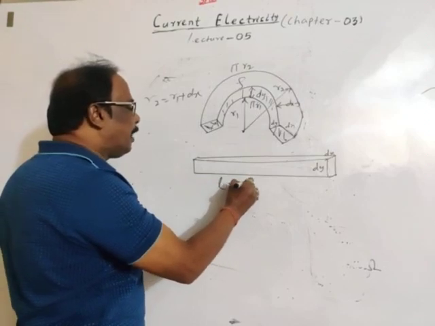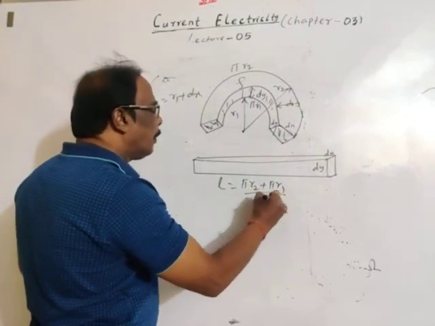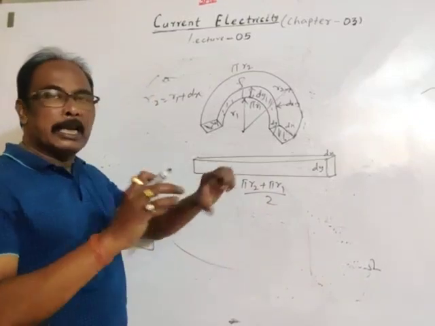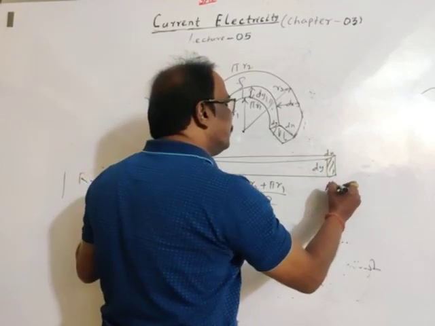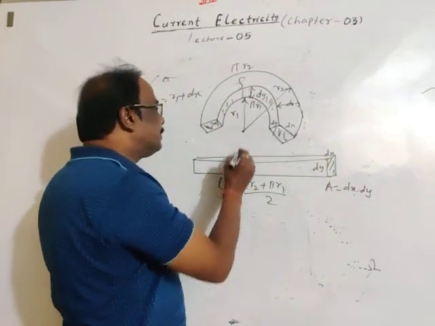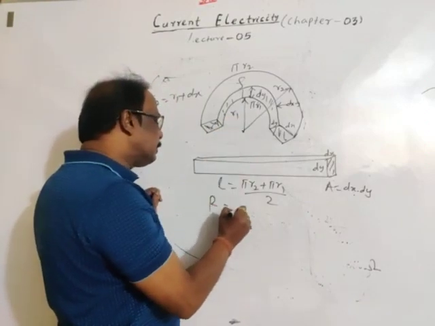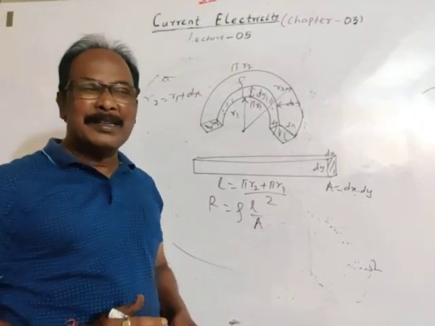Average length is pi r2 plus pi r1 divided by 2. This is length. The area of cross section is equal to dx into dy. Whatever values may be given, resistance is equal to rho L by A. Just have this idea.